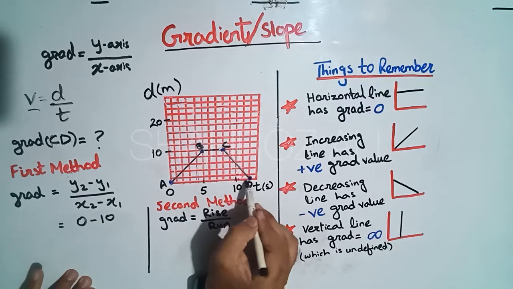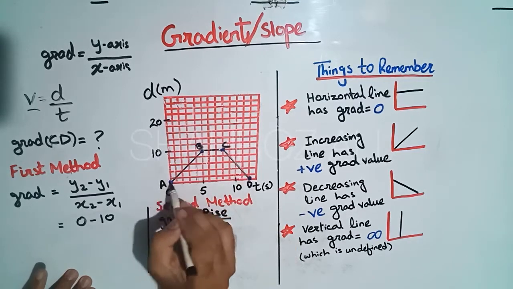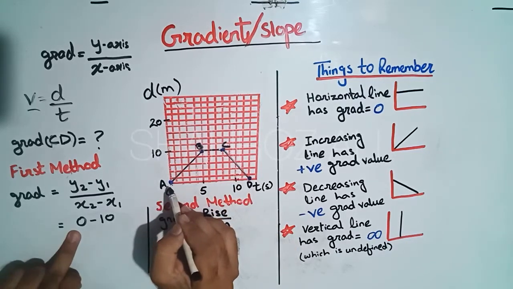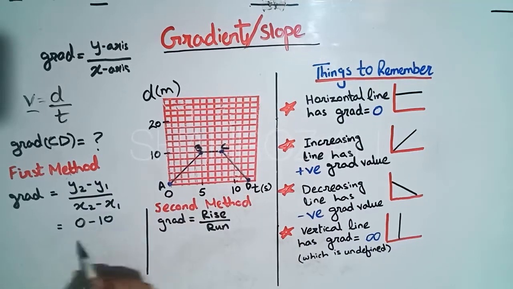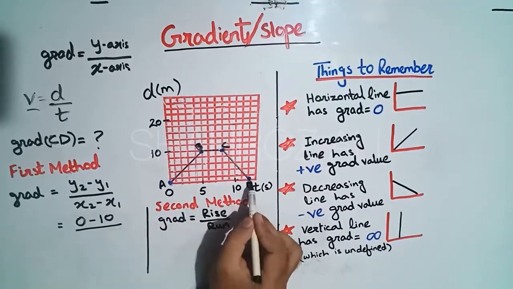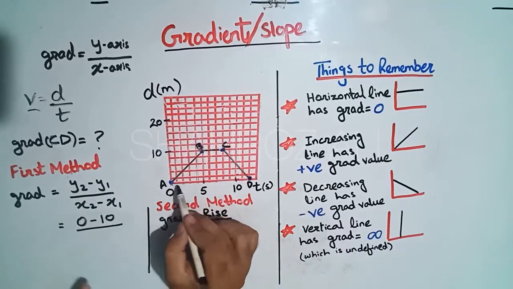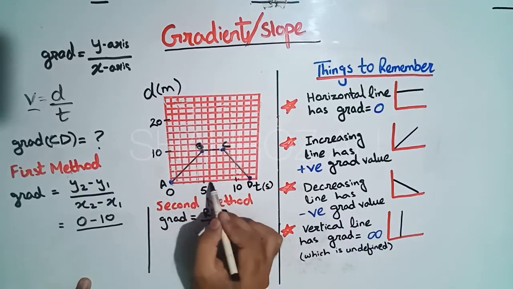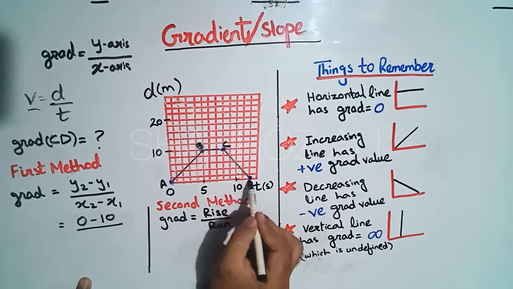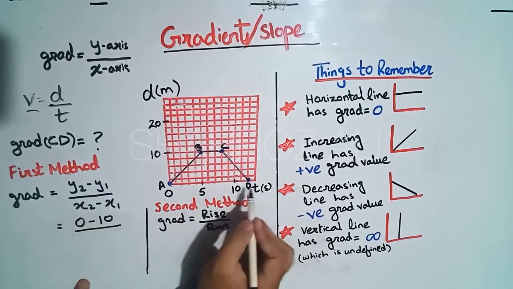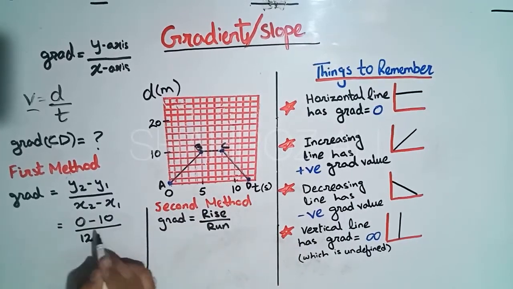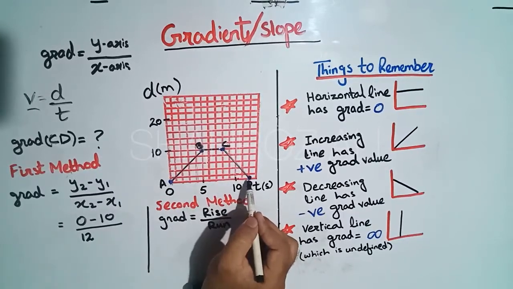The value of y2 we can take from the y-axis, that is showing 0 here, and on the x-axis you have to write the value, because every line contains a single value: 1 2 3 4 5 6 7 8 9 10 11 12. So x2 is 12, and y2 is 0.